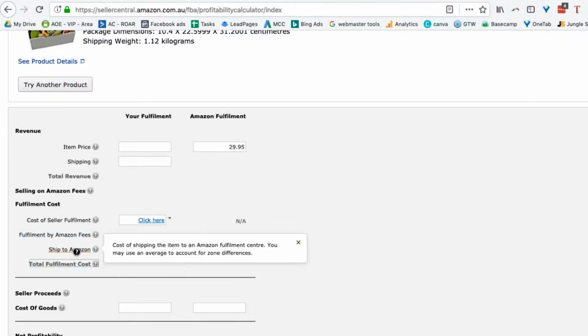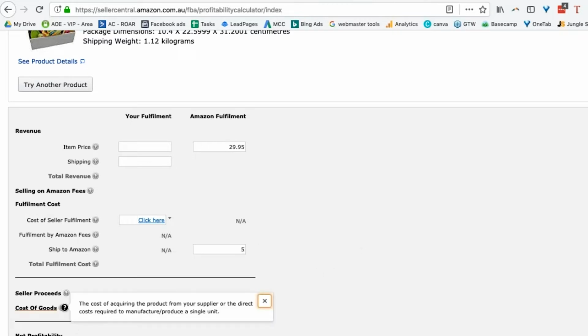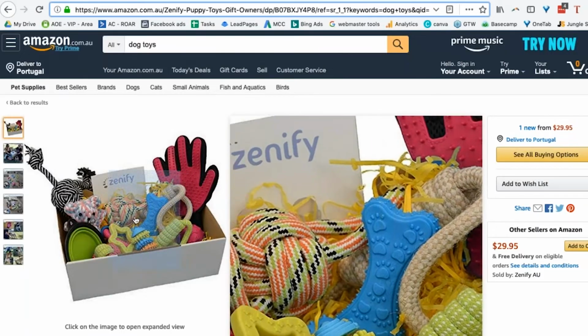So this is your best guess about what it will cost you to get that product from, let's say, China to Amazon's warehouses per unit. So let's suppose I'm ordering 100 units and it's going to cost me $500 in total to get from China to the FBA warehouse. That makes it $5 per unit. So $5 is what I put there. The cost of goods, that's the hard costs of the goods that are in this from China.